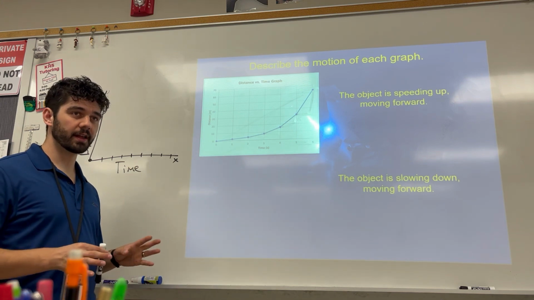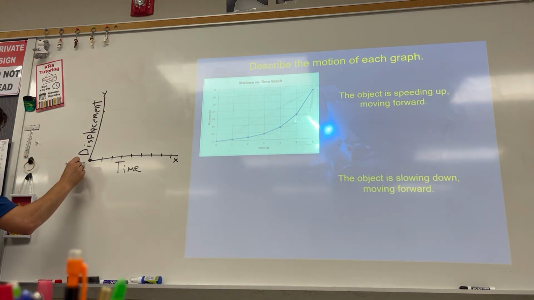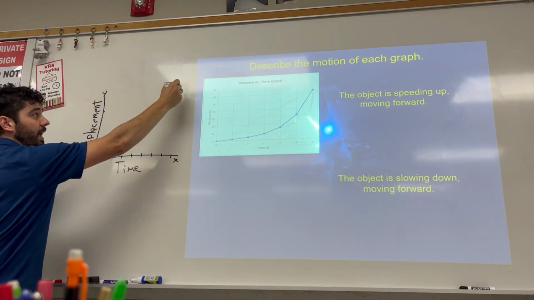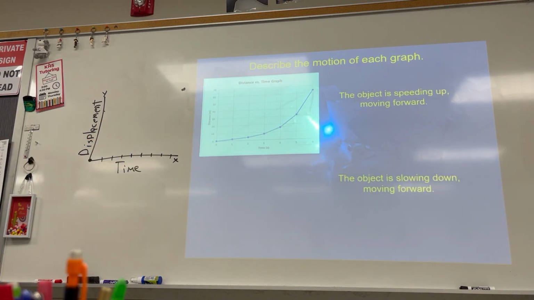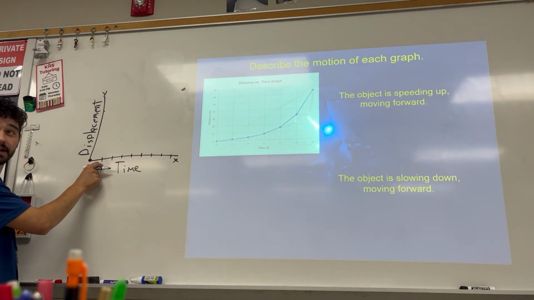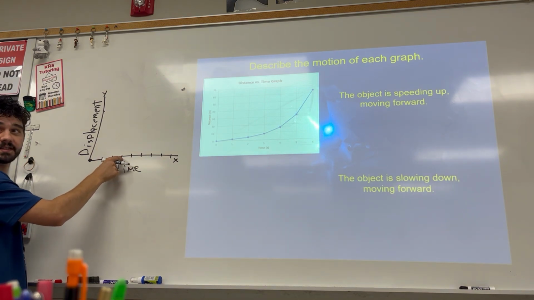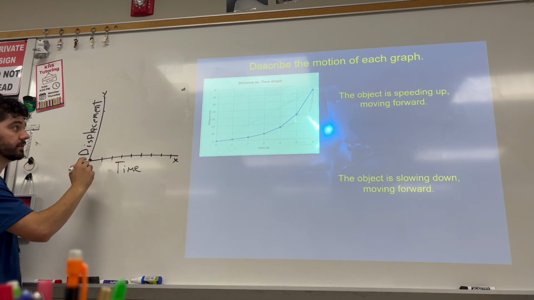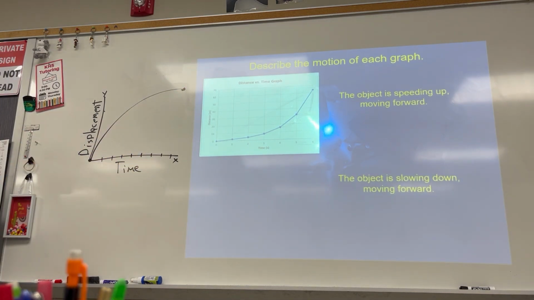So let's say I'm starting at my starting point and I'm going to be going forward. So I'm going to be getting farther away. So I'm going to end up farther away. But at first I go really fast and cover a lot of distance. Then I cover a little less distance and then less distance and then less. It's going to curve like that.